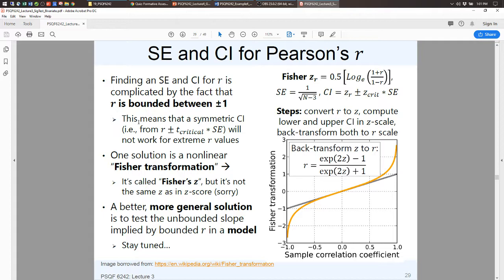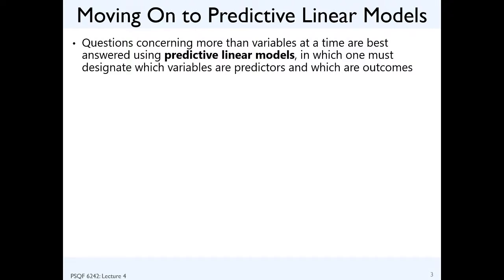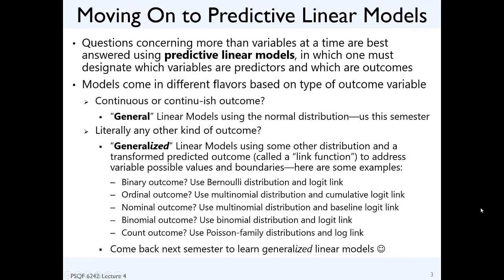So those sorts of transformations get used in predicting outcomes that have boundaries or categories. Count outcomes is another example of that. Counts can't go negative, so the log transformation is used to keep the predicted counts positive. Something else is used for binomials to keep them within the boundary of 0 and 1.